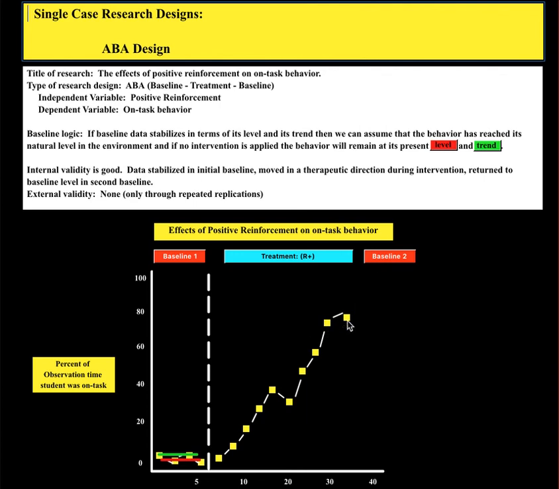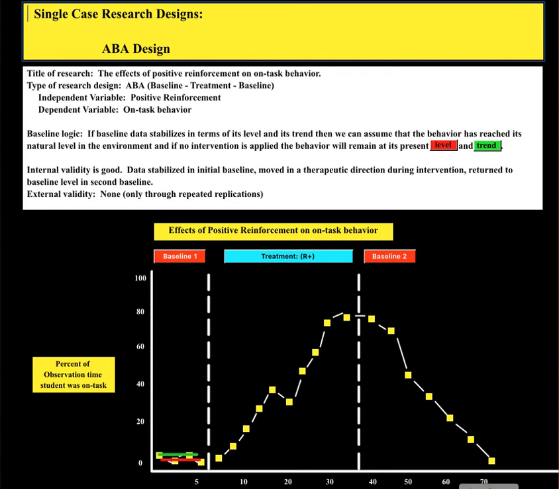Now we go back to the second baseline condition. So we withdrew the intervention, we withdrew the positive reinforcement, and the data has moved in a contra-therapeutic direction. And settled, and this is important, it settled at or about the initial baseline levels.